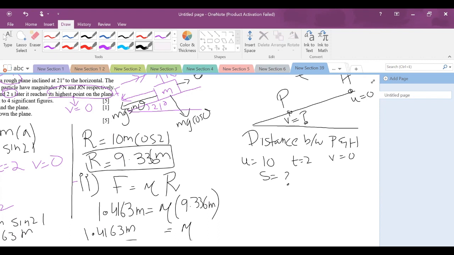Okay, so we can use s equals half u plus v times t. So it's going to be half 10 plus 0 times 2. So yeah, I get 10 meters. The distance between P and the highest point is 10 meters.